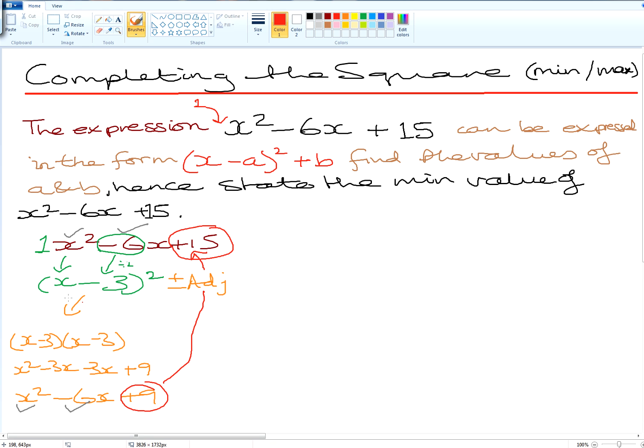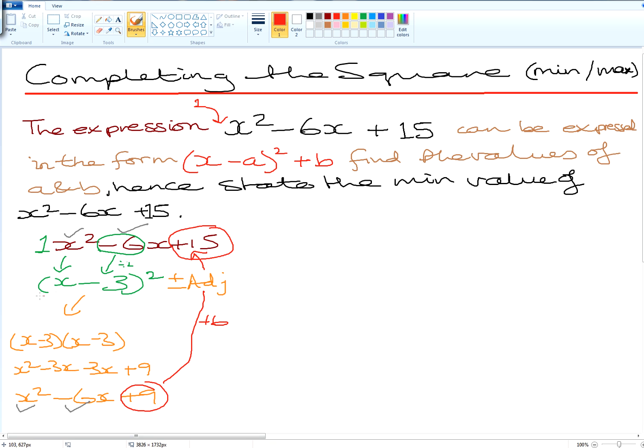So when we expand our squared, that (x - 3)², we're getting a number which is less than what we actually got in the original equation. So plus 9 should really be plus 15. How do I make a plus 9 to plus 15? Add 6. Okay, so we add 6.